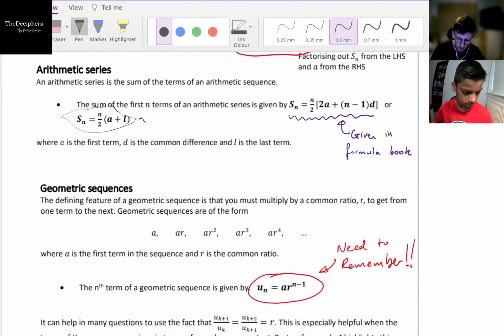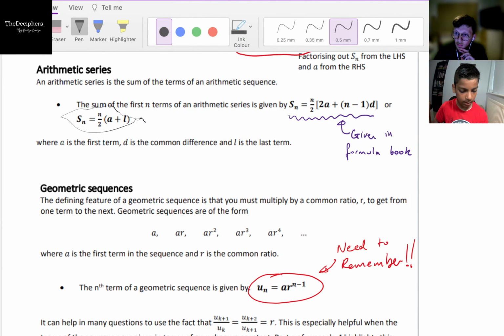And then let's continue. So it can help in many questions to use the fact that u of k plus 1 divided by u of k is u of k plus 2 divided by u of k plus 1, and all of that is r.